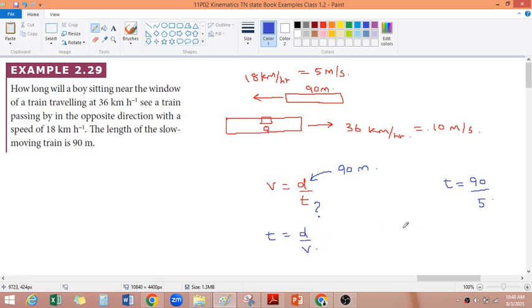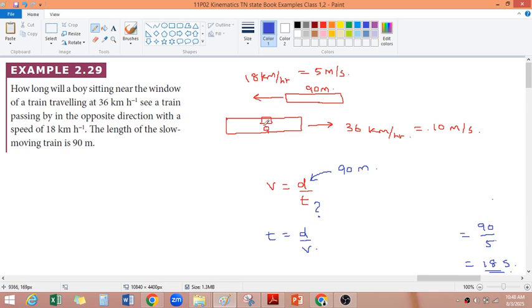So let me write it one more time here. So it would have taken 18 seconds for me to see this train crossing me, provided I was sitting in a stationary platform.